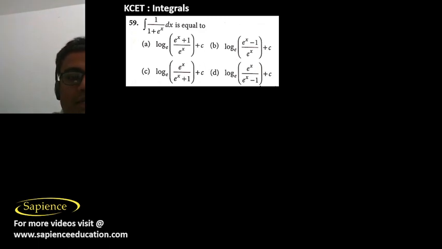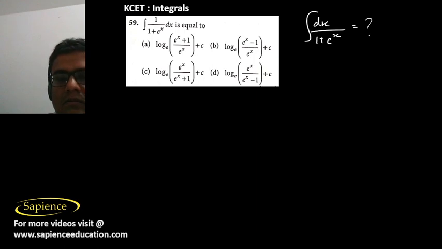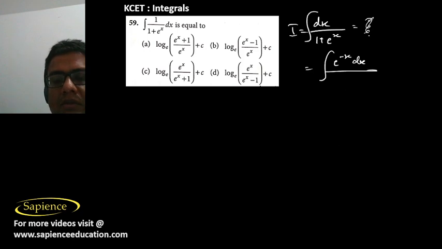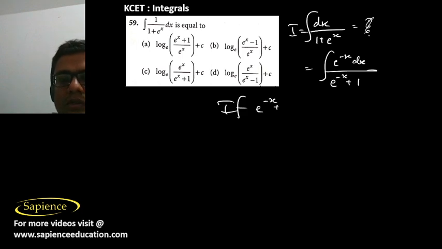Then in question number 59, it is told to find the integral dx by 1 plus e power x. If we multiply and divide by e power minus x, we get the integral e power minus x dx by e power minus x plus 1. Now if I take e power minus x plus 1 as t, then minus e power minus x dx will be equal to dt.